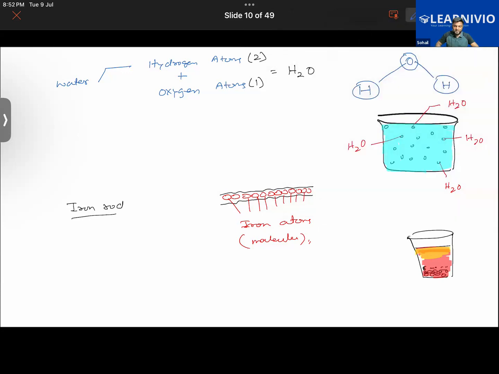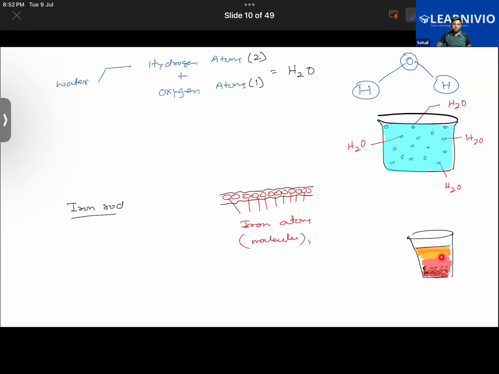Once you filter it, it'll once again become H2O. So here this is considered an impure substance because it has lots of different things in it. Sand particles are there, mud particles are there.